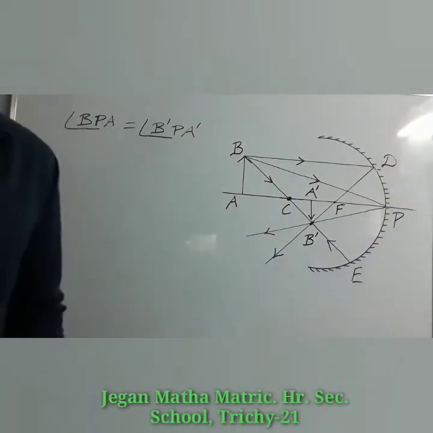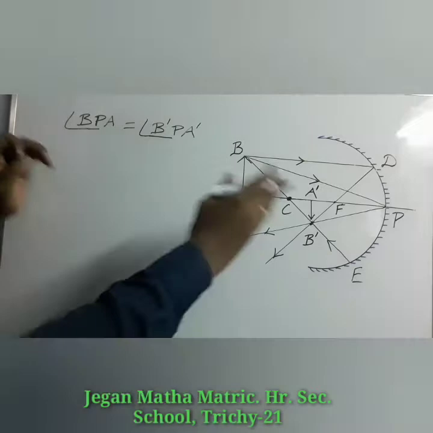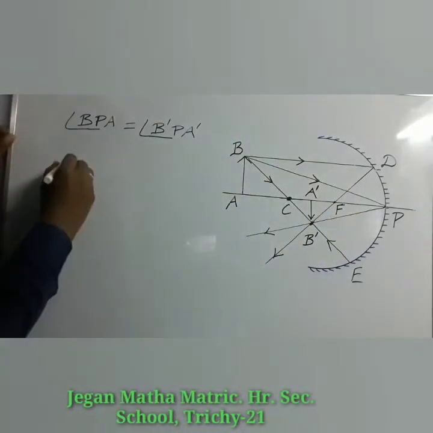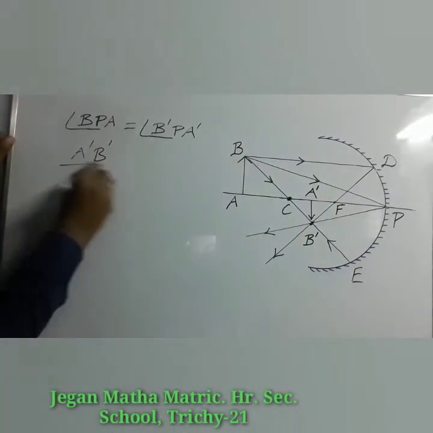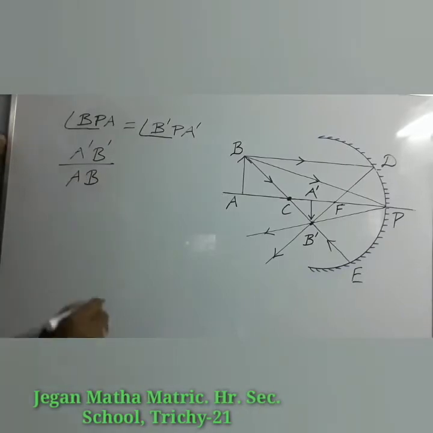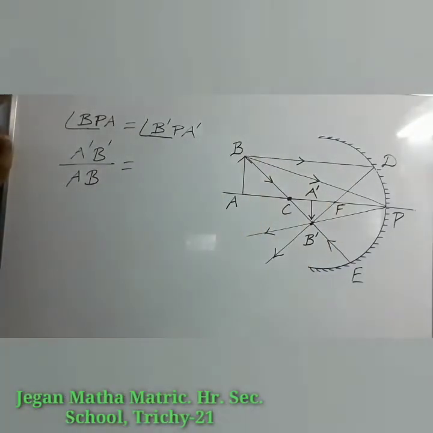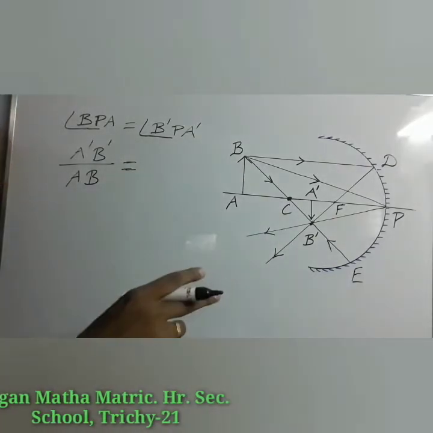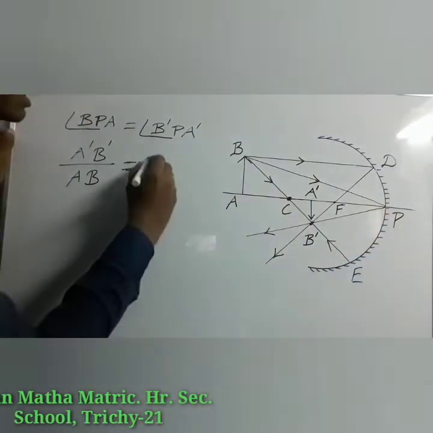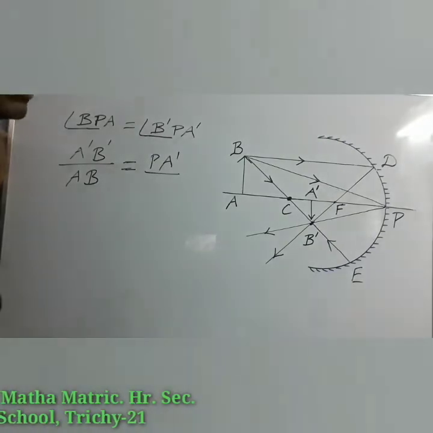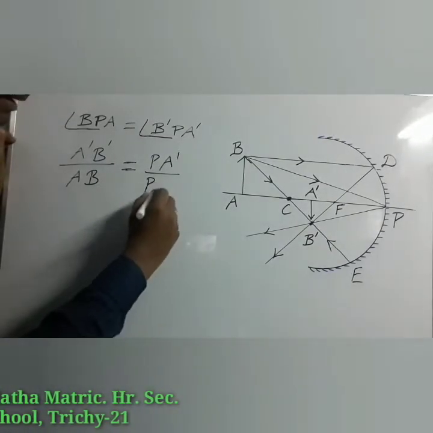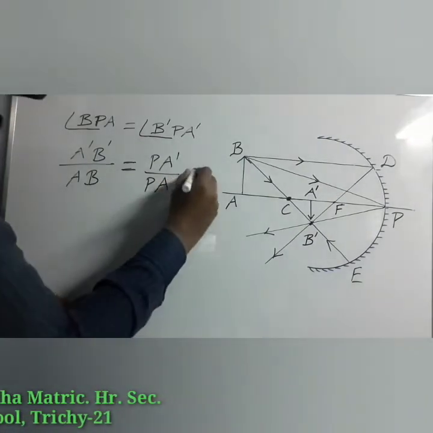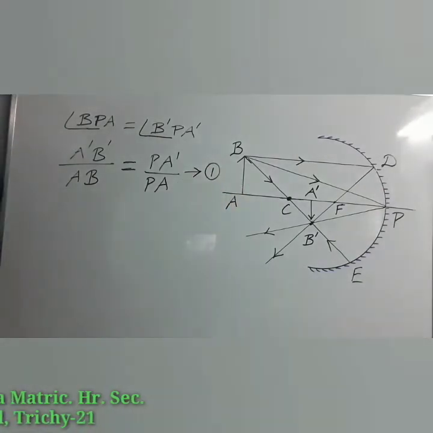So from the rule of similar triangles, the ratio between the two sides A dash B dash by AB must be equal to the ratio between the other two sides, PA dash by PA. Let us take this as equation 1.